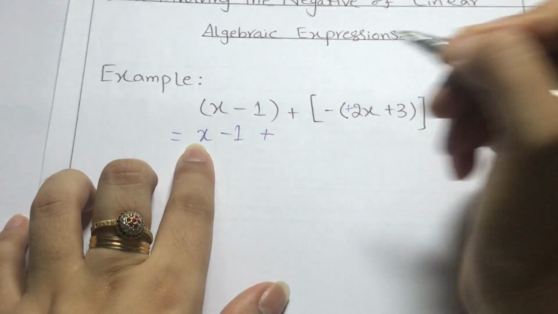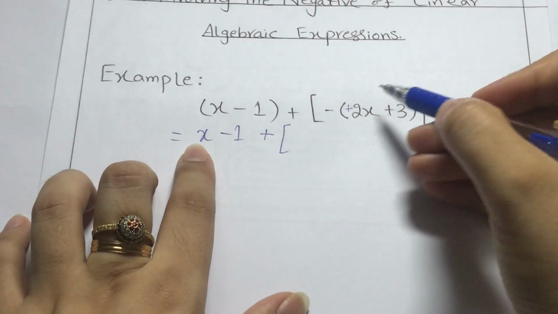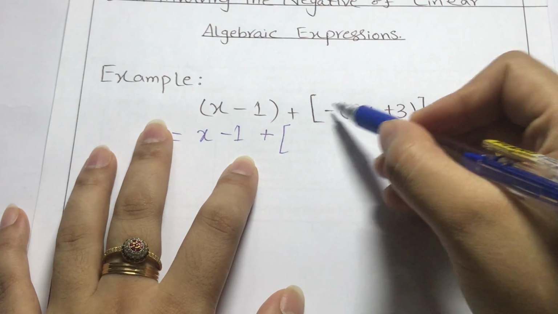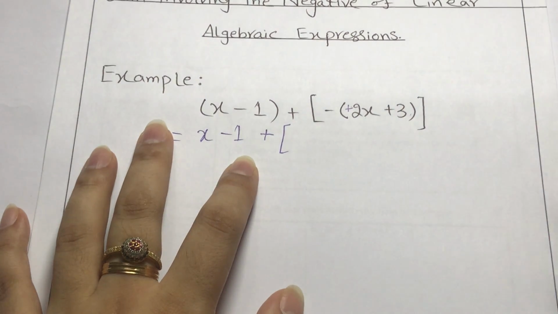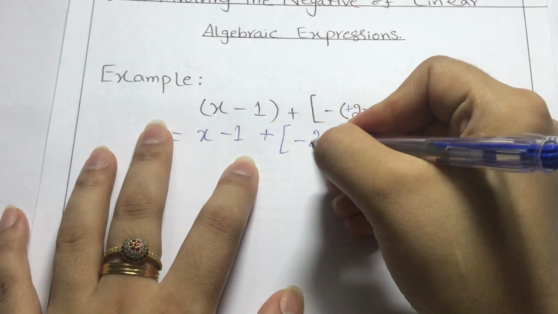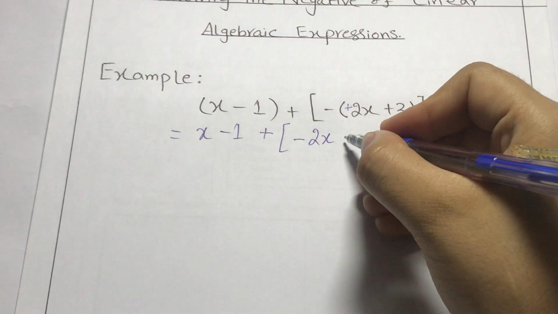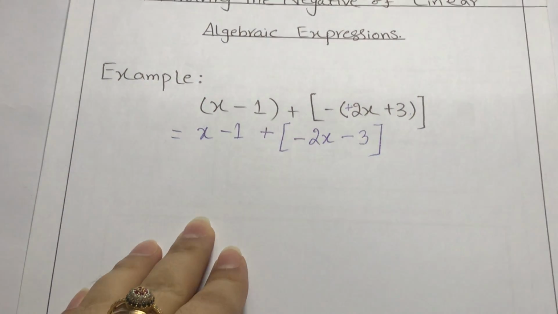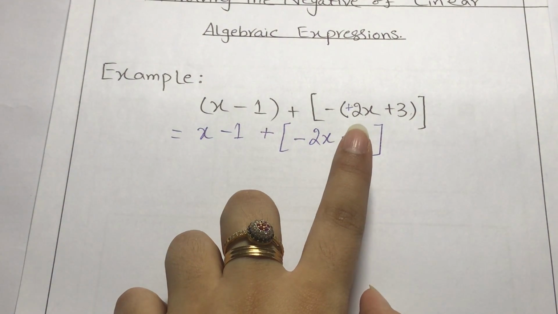So we will write it as it is, plus now we will first expand this round bracket, and there is a negative sign, so we will change the signs inside the bracket. 2x is positive here, so it will be negative 2x, right? 3 is positive here and it will be negative 3, right? Now we have done with the negative of the linear algebraic expression.